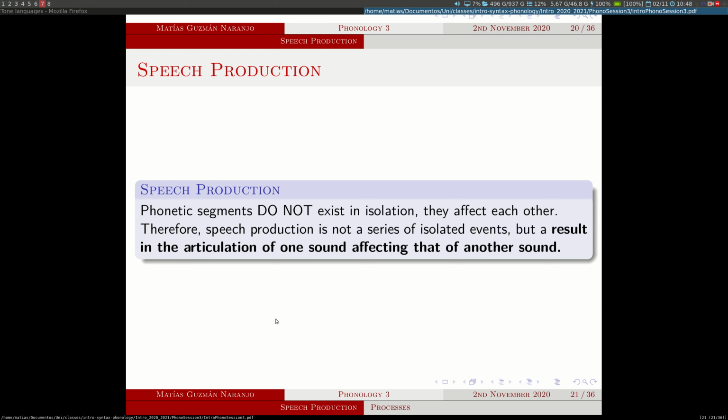So an important point is that in real speech, single segments do not exist in isolation. They are pronounced in a phonetic context, and the fact that things are articulated in a context means that the context affects the pronunciation of individual sounds.